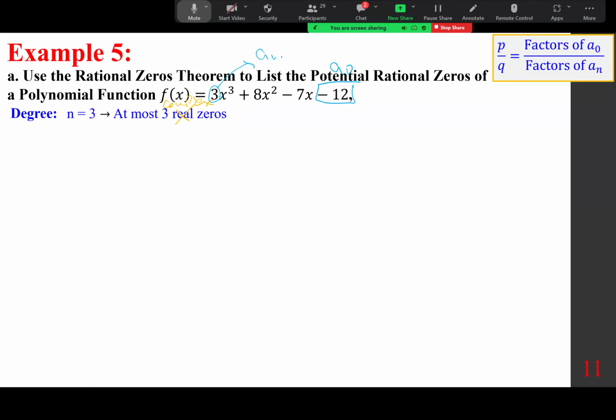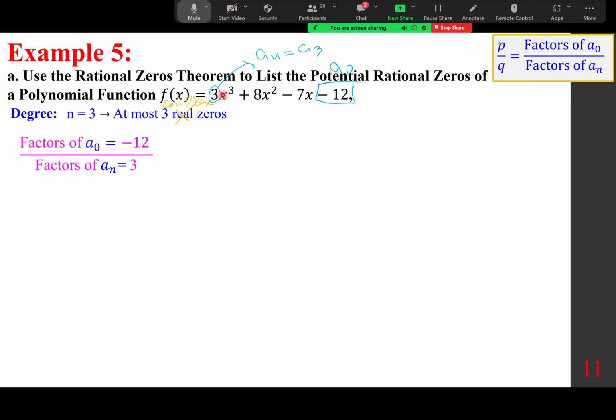This is a sub n, or more precisely a sub 3, not because it's equal to 3, but because the exponent is 3. So according to the rational zero theorem, factors of negative 12 over factors of 3. Those are possible rational zeros. This is what the rational zero theorem says.